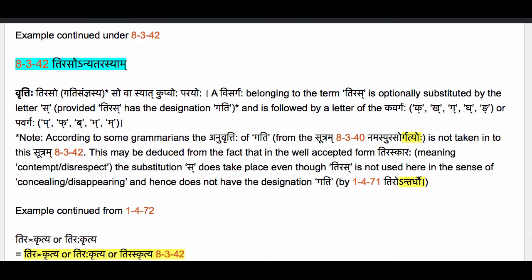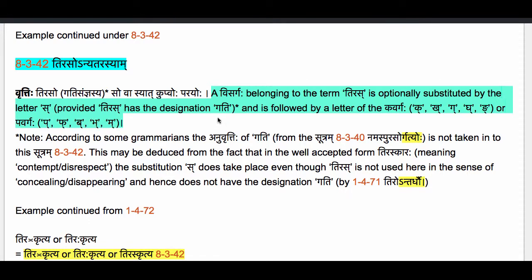Putting all that together, we get the vritti as tiraso gatisanyasya sovasyat kupvoho parayoho, which means that a visargaha belonging to the term tiras is optionally substituted by the letter sa, provided tiras has a designation gati and is followed by letter of the ka vargaha, ka, kha, ga, gha, nga, or pa vargaha, pa, pha, ba, bha, ma.